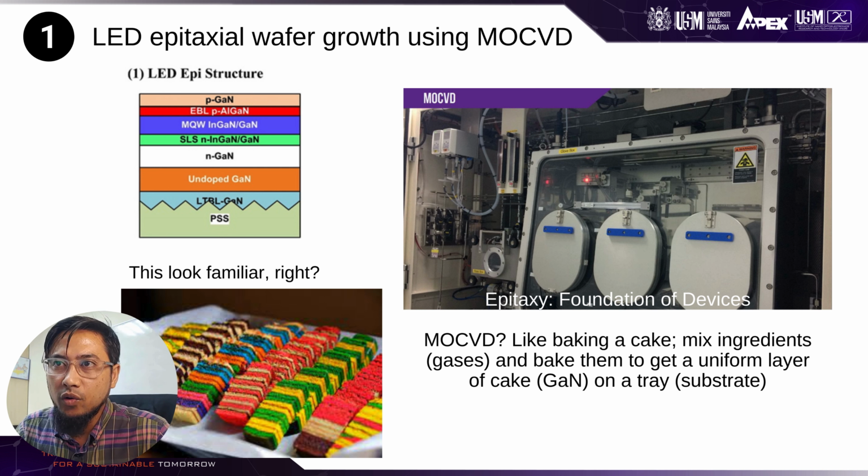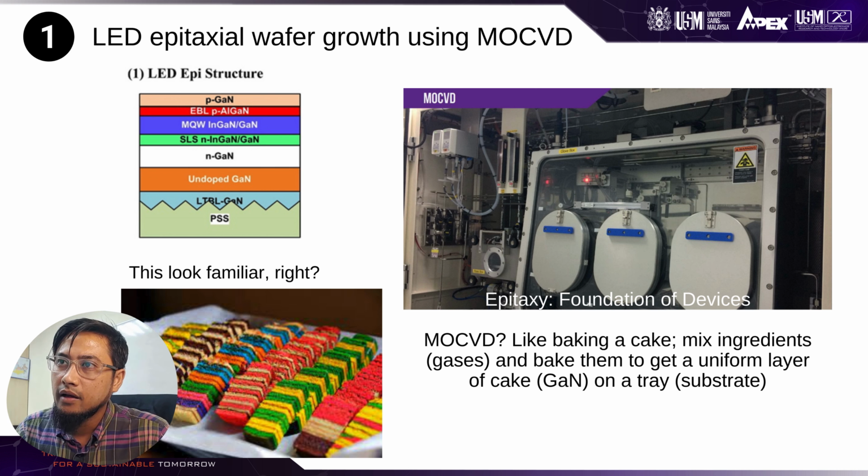It is because growing this epitaxial layer in MOCVD is just like baking a layered cake in an oven. We mix our ingredients and we bake them at a certain temperature to get a uniform layer on a tray.